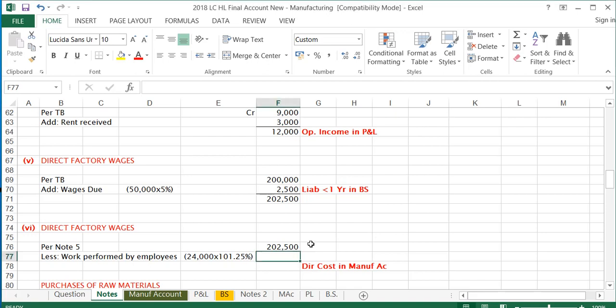So if you spread that out over a year, 5% divided by 12 multiplied by 3 is 1.25%. So the increase was 1.25% on the 24,000. So I multiply my 24,000 by 101.25% to include the 1.25% increase, and that figure is going to be taken away because we're going to take it out of direct factory wages and it will go into buildings.